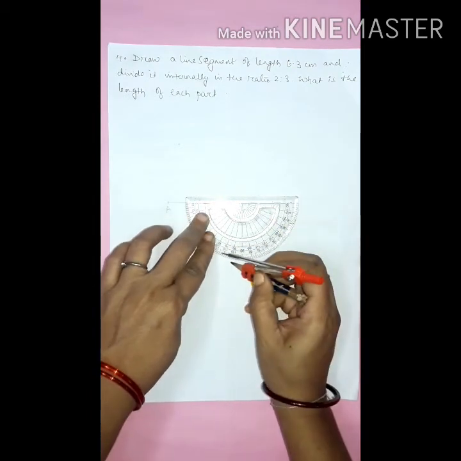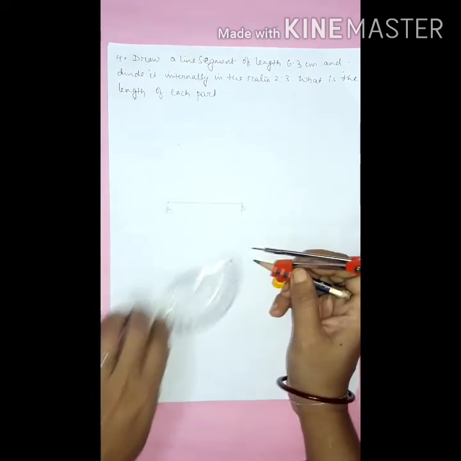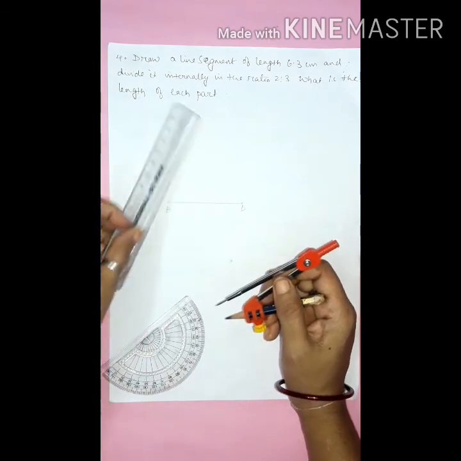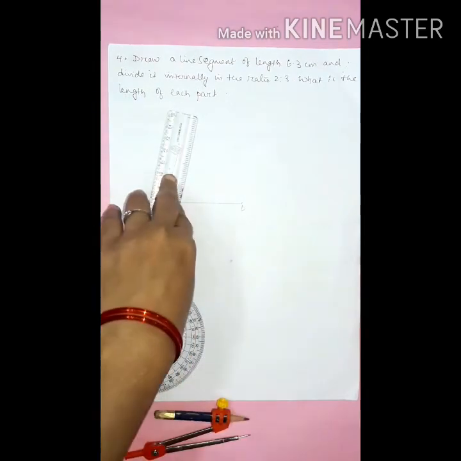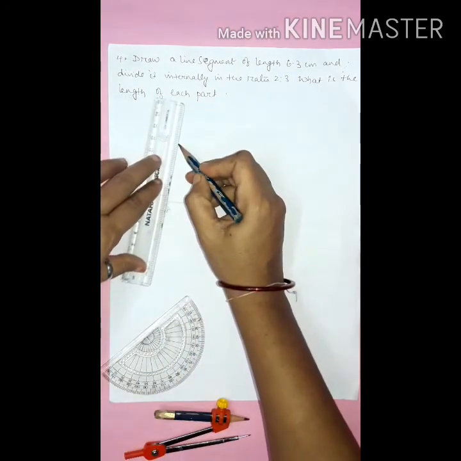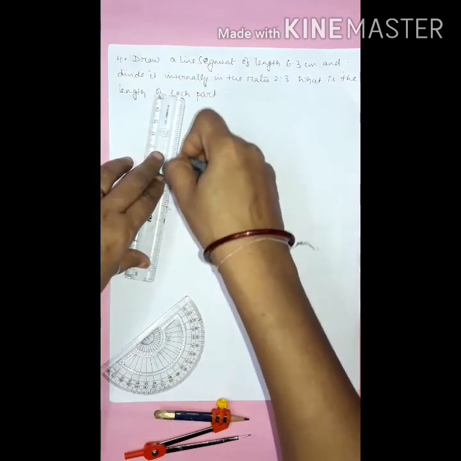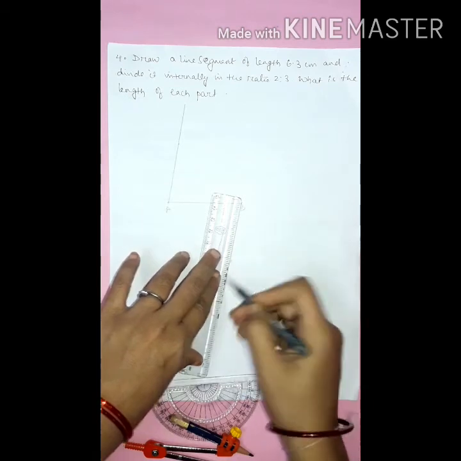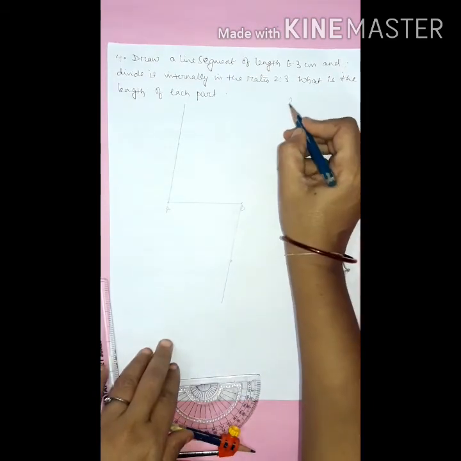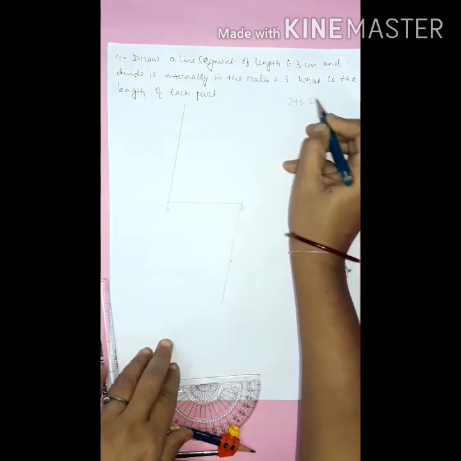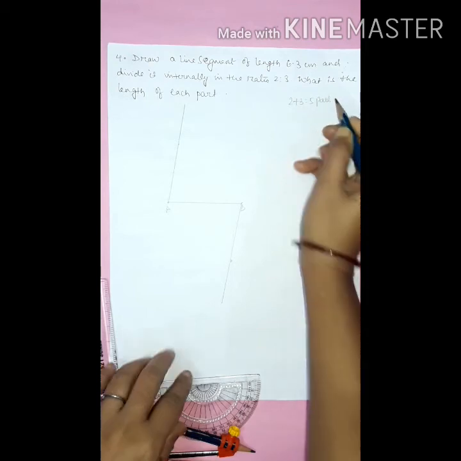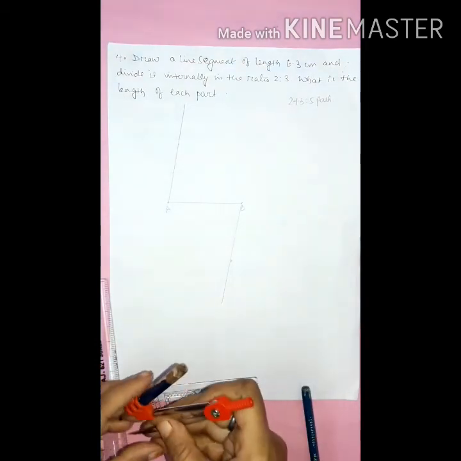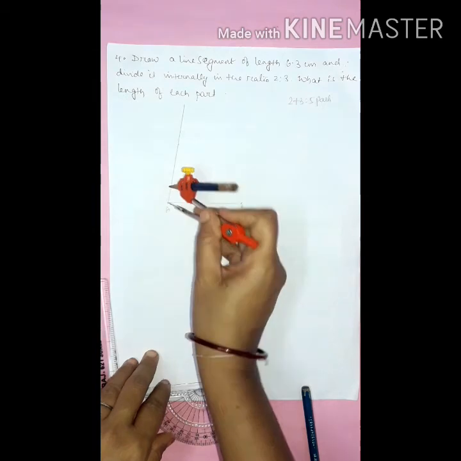The same angle you need to construct at the B point also, below, so both the angles are parallel angles. Now join this one. Both the angles, how many parts? 2 plus 3 is equal to 5 parts. Same as the previous question, take any radius and make it 5 parts.